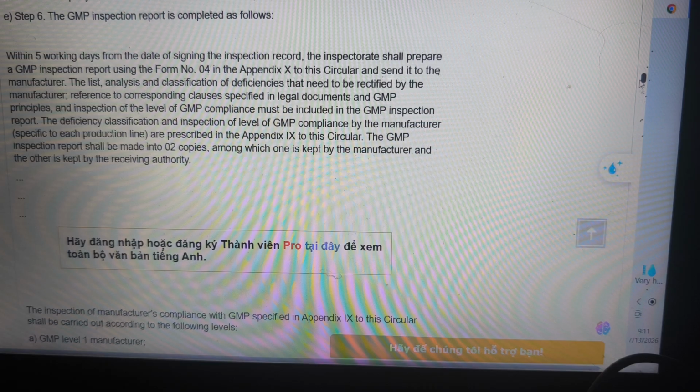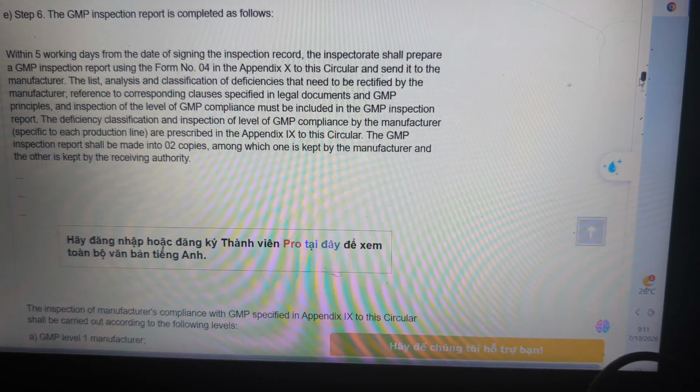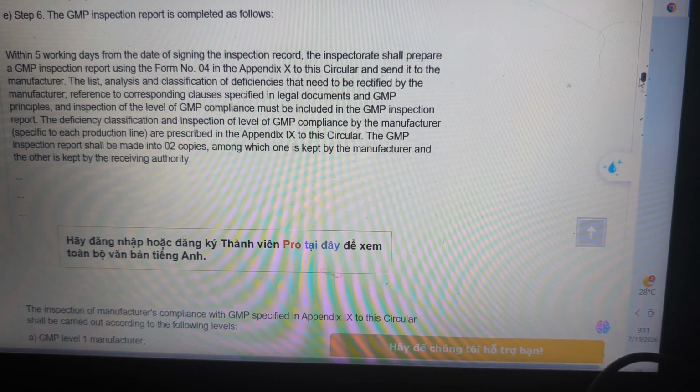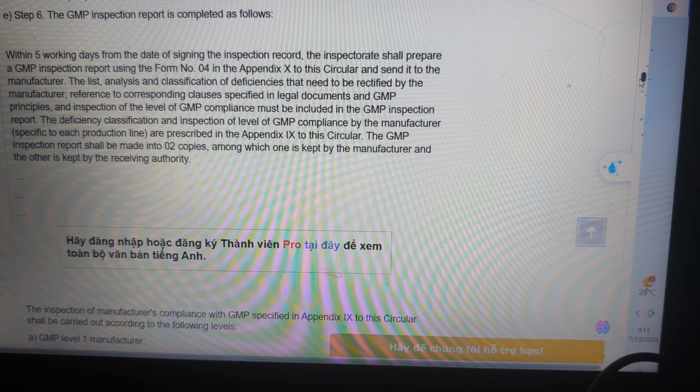The list, analysis, and classification of the deficiencies that need to be rectified by the manufacturers, referring to corresponding clauses specified in legal documents and GMP principles, and inspection of the level of the GMP compliance must be included in the GMP inspection report.